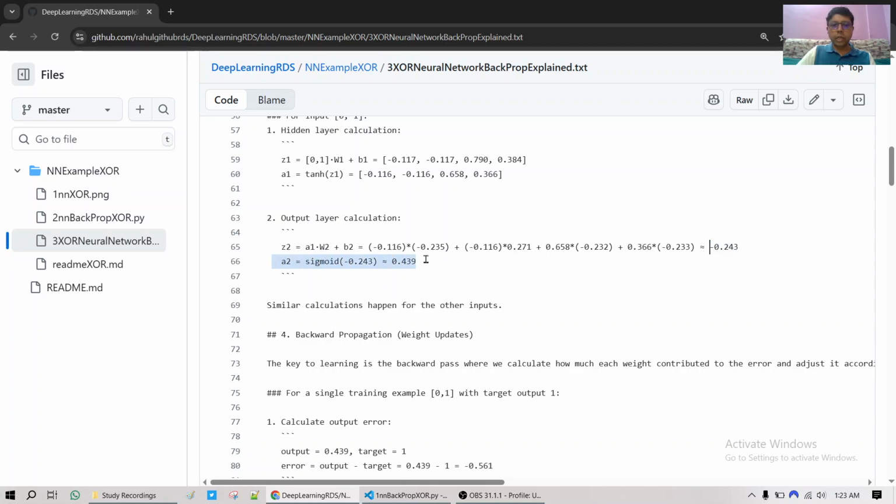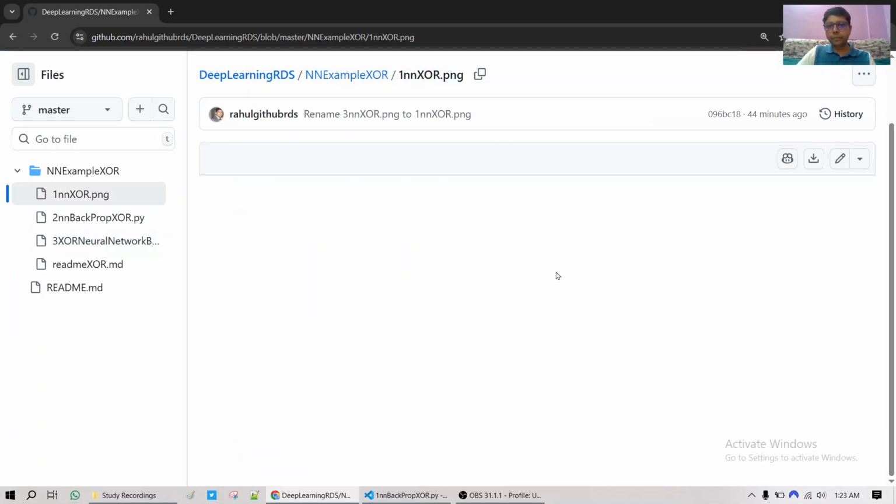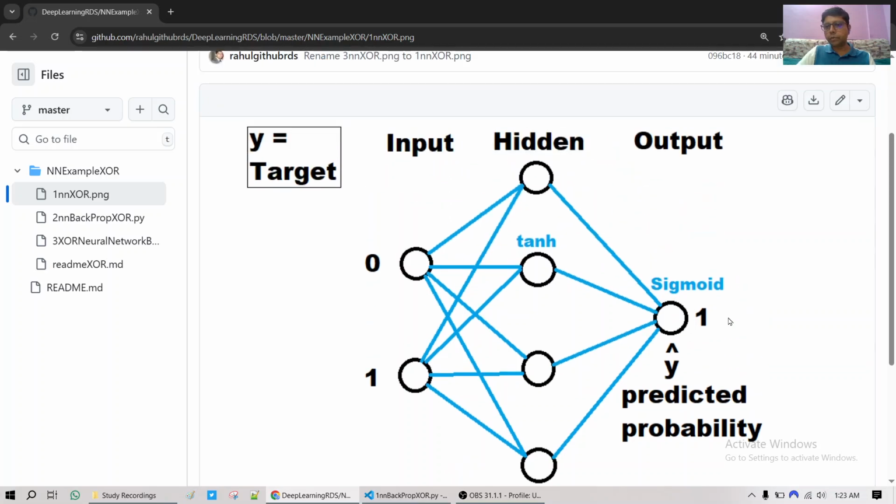This is the activation function for the output layer, and we are using the sigmoid activation function. Sigmoid will decide the final predicted probability value, which may or may not be closer to the y target.